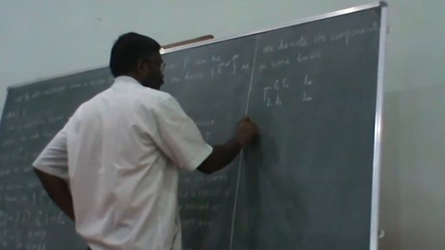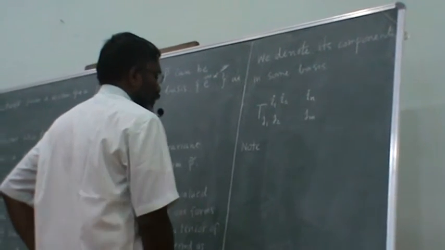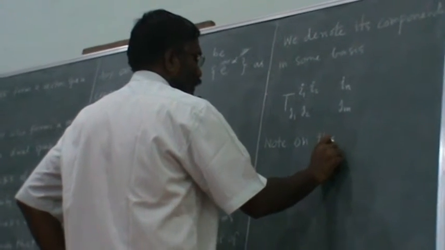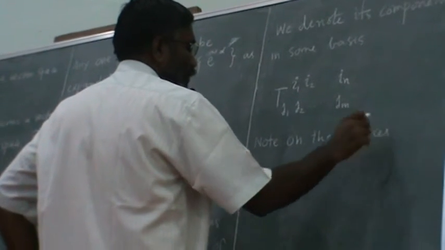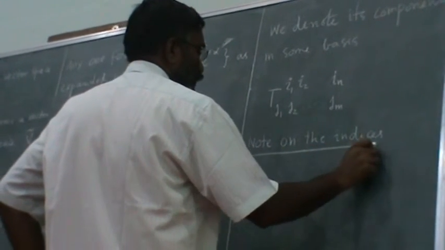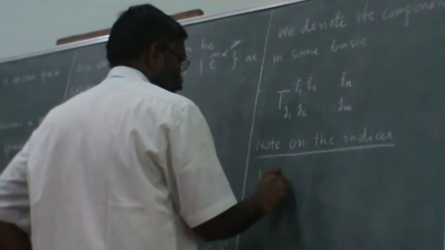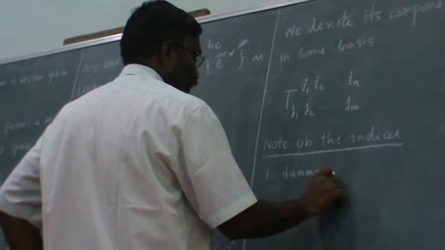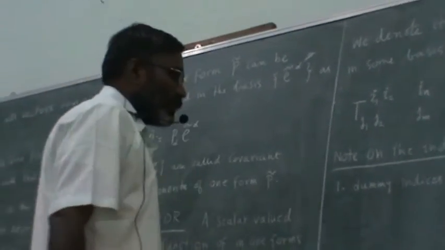Now some notes on the indices. We talk about two types of indices. The first one is called dummy indices. Dummy indices are generally the repeated indices.